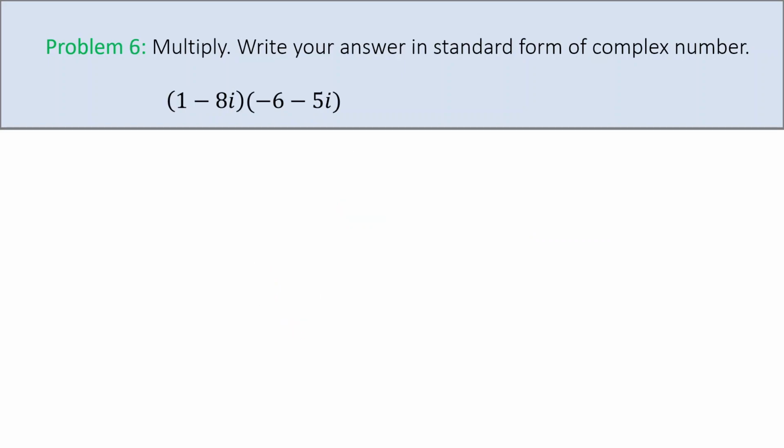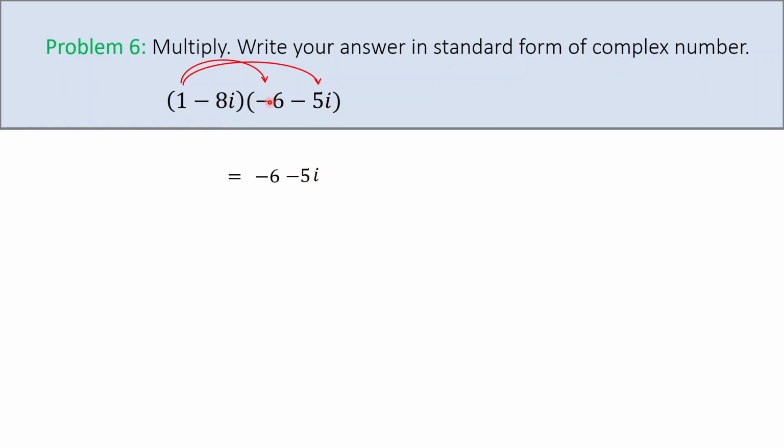Now we do this problem. You need to multiply this complex number and this complex number. This is equal to, first you multiply this and this. 1 times 96 is 96. Now this and this. 1 times 95 is 95 times i.